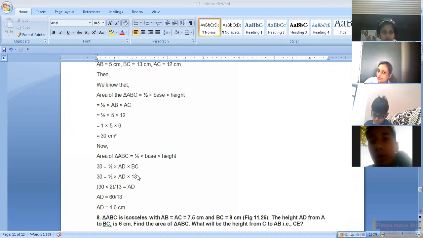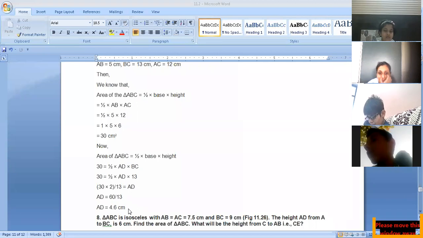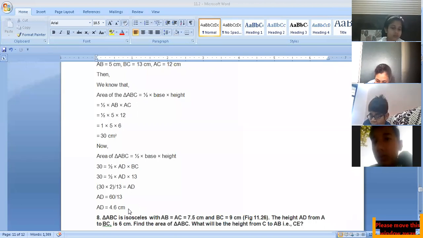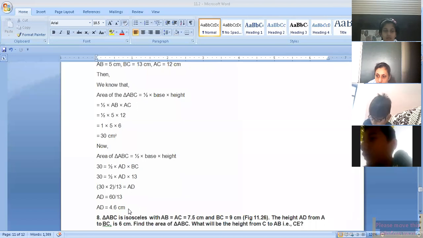Multiply, and 13 is given here so we'll divide it by 13. 2 threes are 60, divided by 13. 4.6 centimeter is the right answer. 60 upon 13, that is also correct. 60 upon 13 or 4.6, both are right.